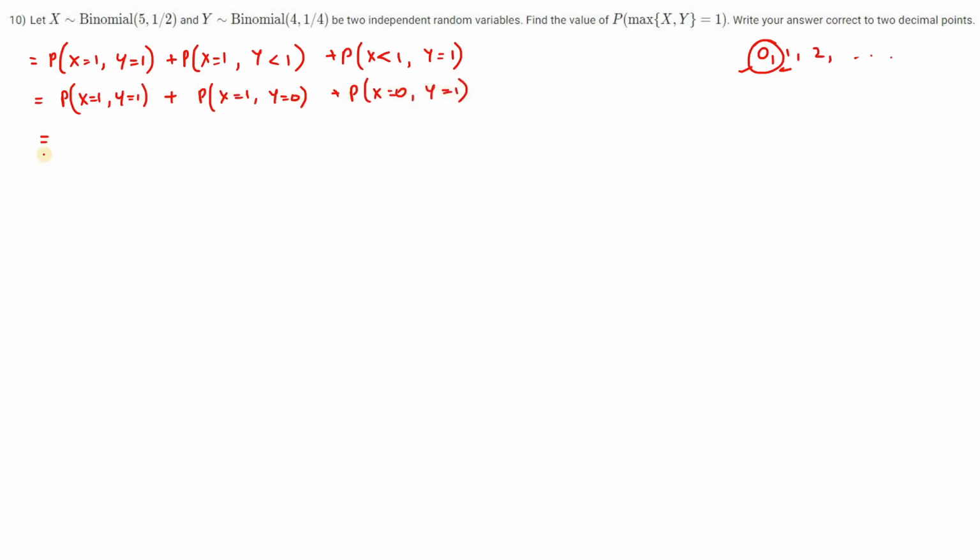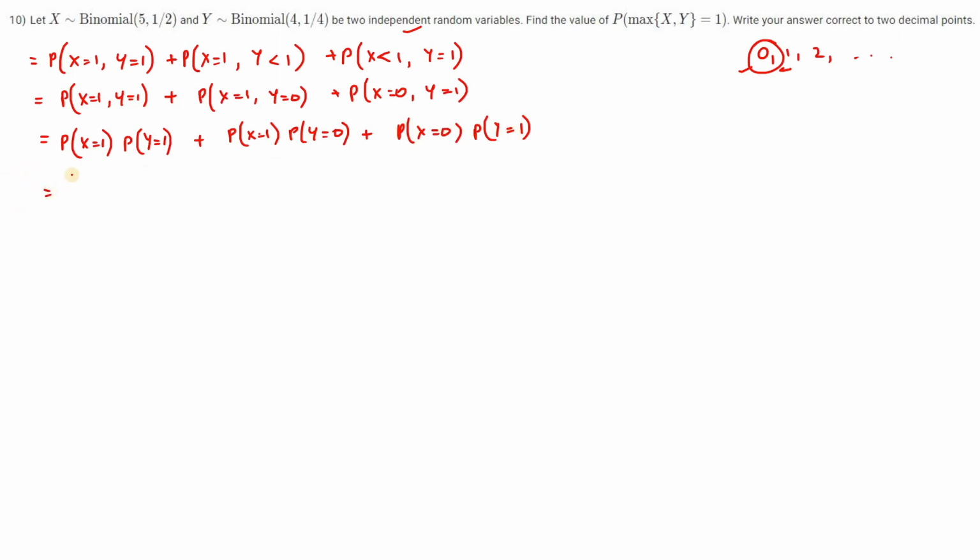So now that is equal to, since they have given these two are independent, I can just split up x equal to 1 into probability of y equal to 1 plus probability of x equal to 1 into probability of y is equal to 0 plus probability of x equal to 0 and probability of y is equal to 1.